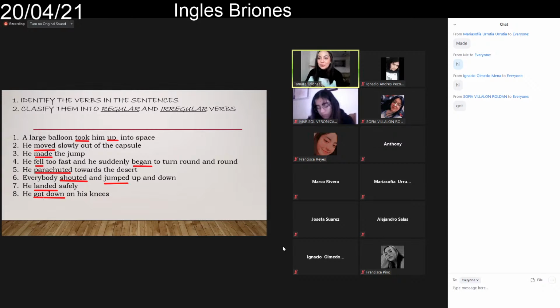So yes. And now the other instruction that we have is that we have to separate the verbs of this story. We have to divide them or classify them into regulars and irregulars. And that's pretty easy, right? Because there is a structure that we know regular verbs have. So which ones are the irregular verbs here?